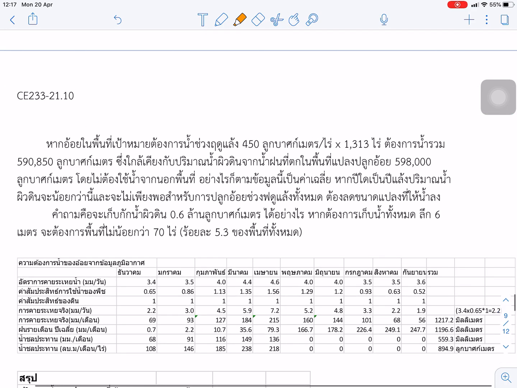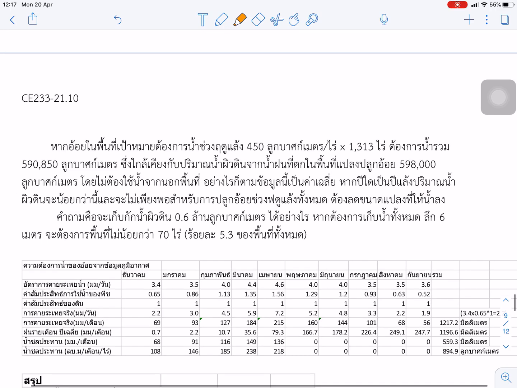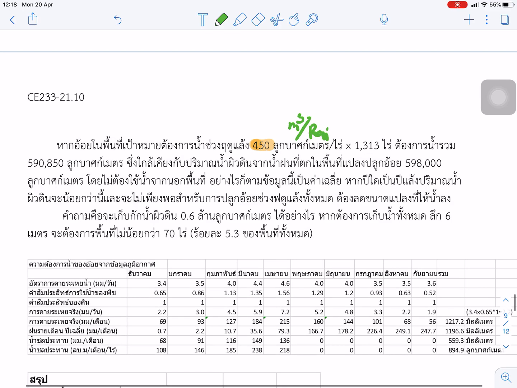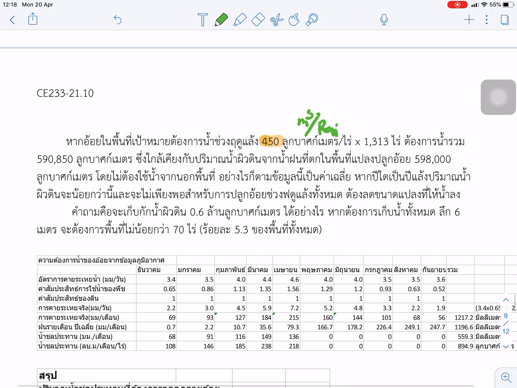And next we look at our demand. We know from the information that the demand for sugarcane is about 450 cubic meter per rai, and we have about 1,300 rai. So the water demand is about 390,000, about 0.6 million cubic meter.